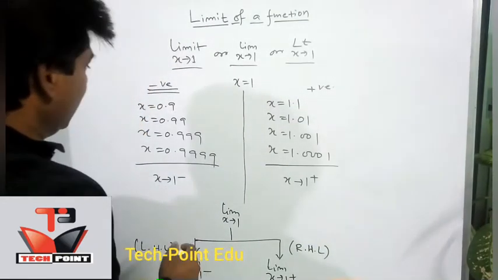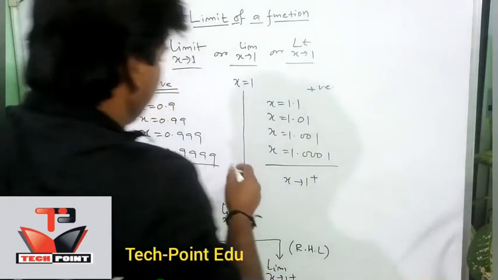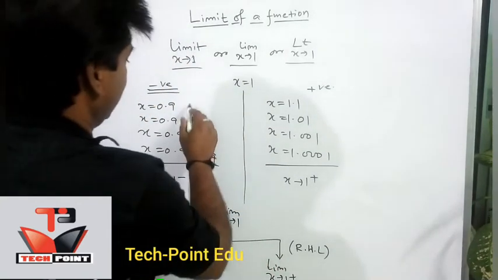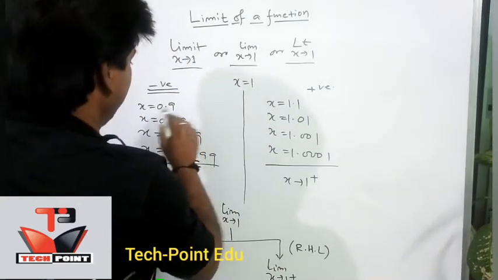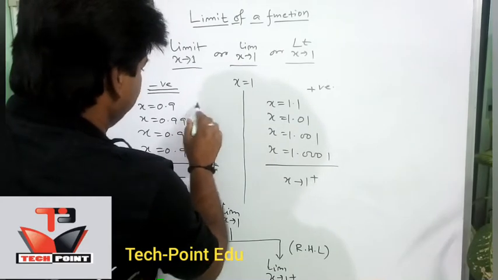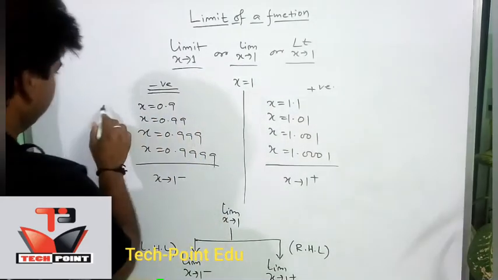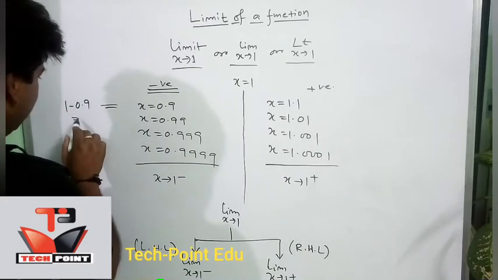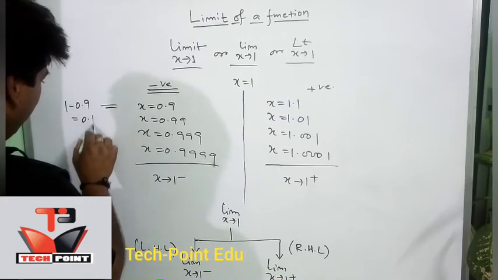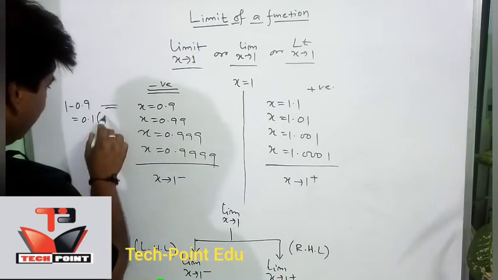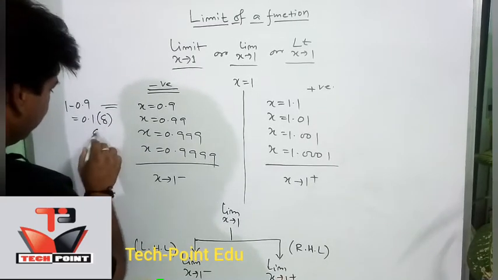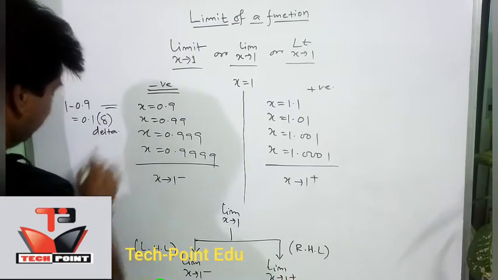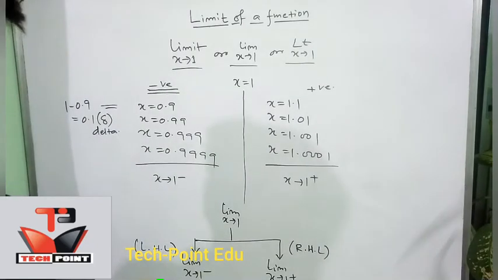And one more thing here you have to understand, that the difference between 1 and 0.9, 1 minus 0.9, is 0.1. This thing is taken as delta.